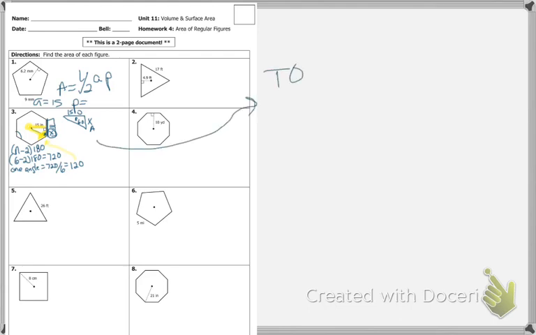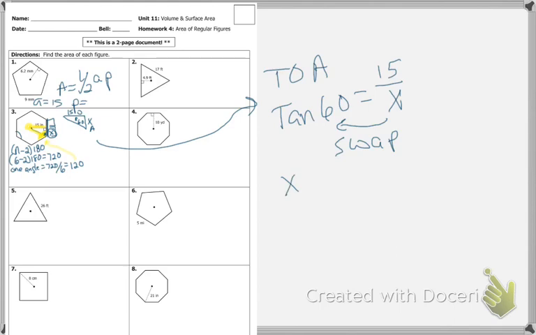So if I'm going to use TOA, tangent of 60 is opposite over adjacent. These swap. So we have x is equal to 15 divided by tangent 60. And you get 8.66. Similar to what you have on the notes. Or actually, I don't know if you have the notes.